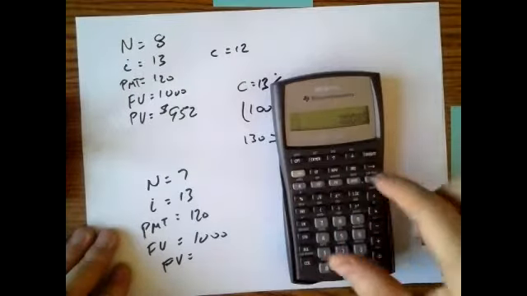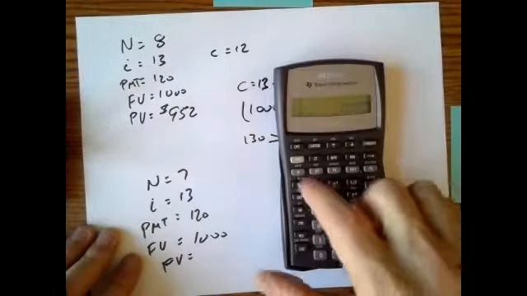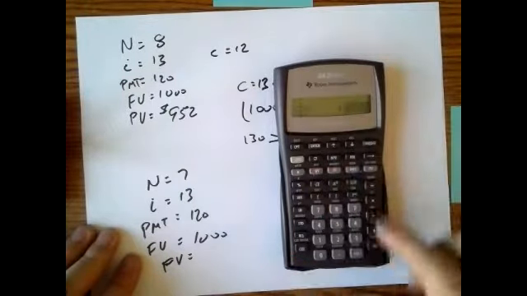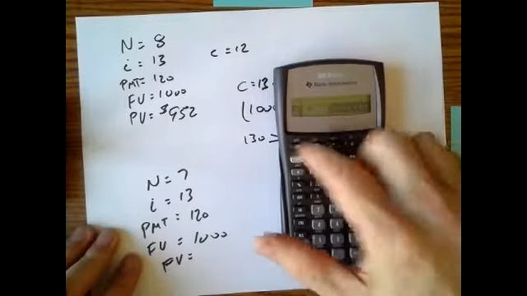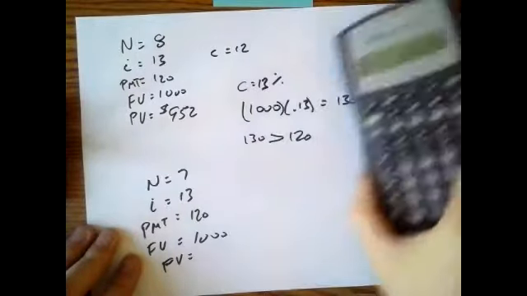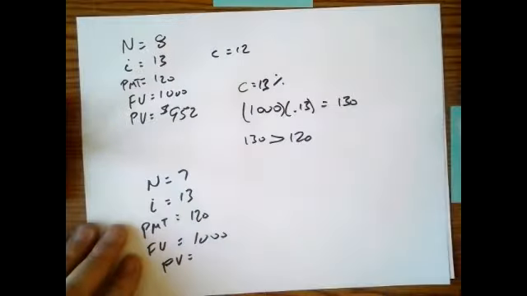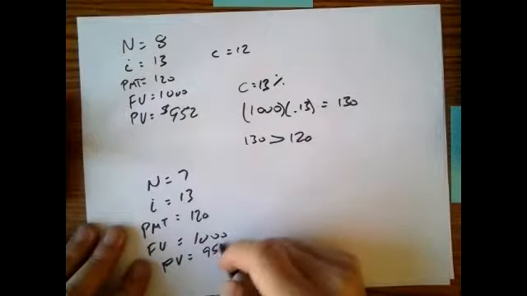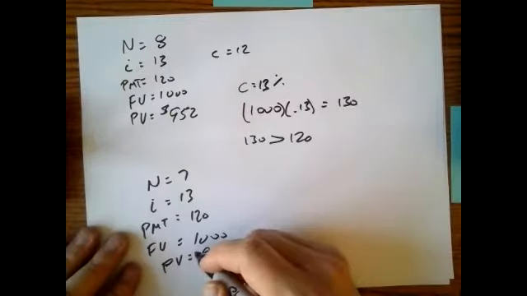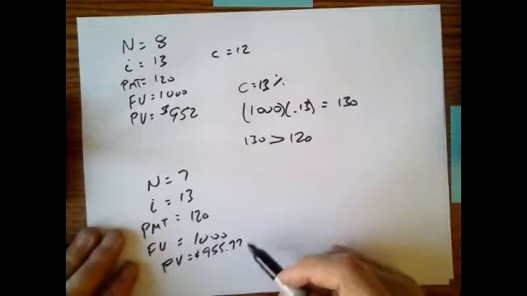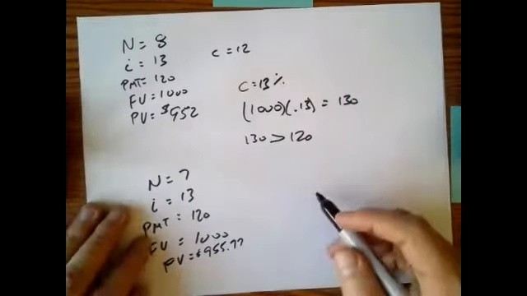And what we're going to see is the same effect here. N is 7, 13 is I, 120 is the payment, 1,000 is the future value. Compute PV, and we get 955.77, so 956 essentially. And notice this one is rising back towards the $1,000.